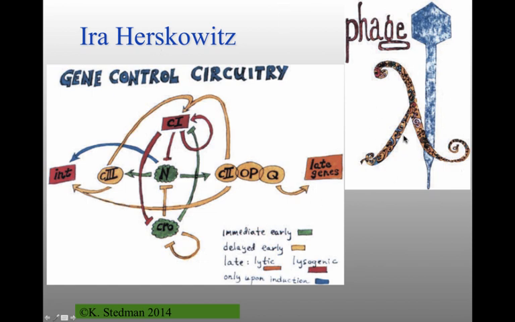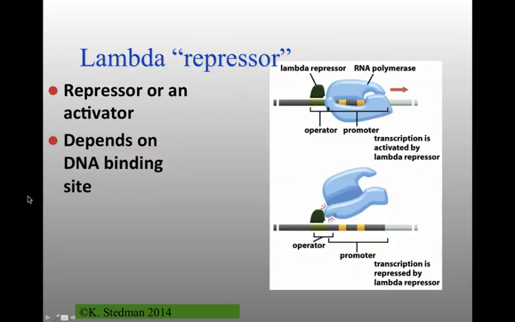So what is this Lambda C1 protein? It's the so-called Lambda repressor, but repressor, as you can see here, is in quotation marks. And that's because the Lambda repressor can actually act as both an activator and a repressor.